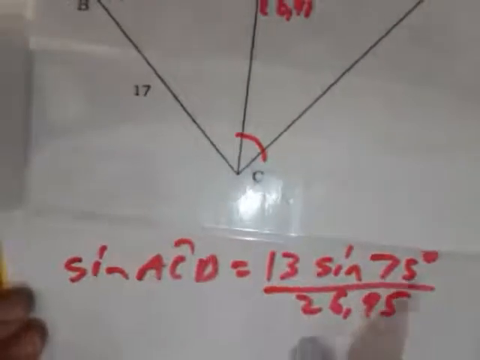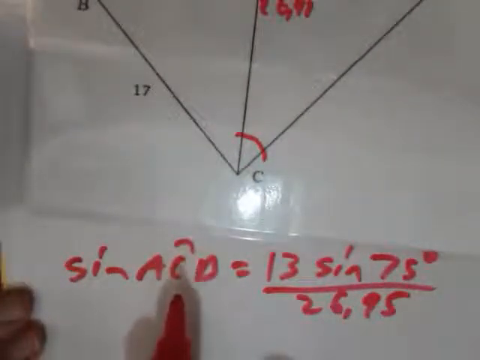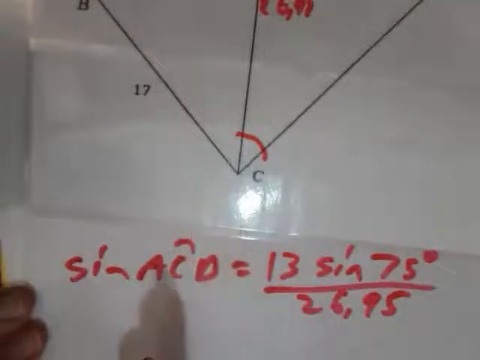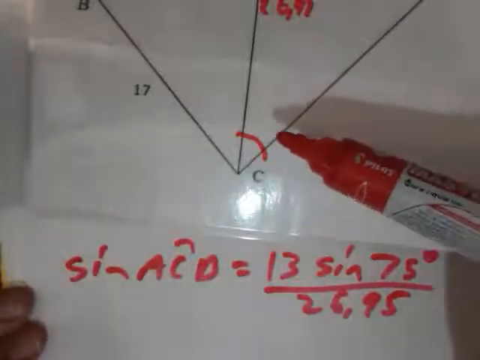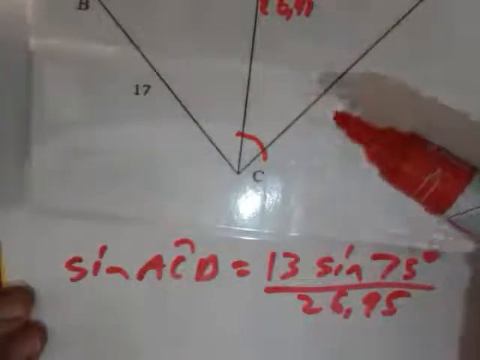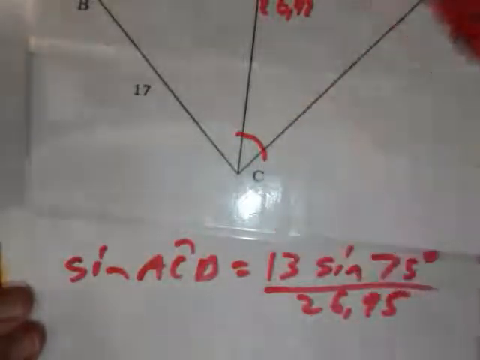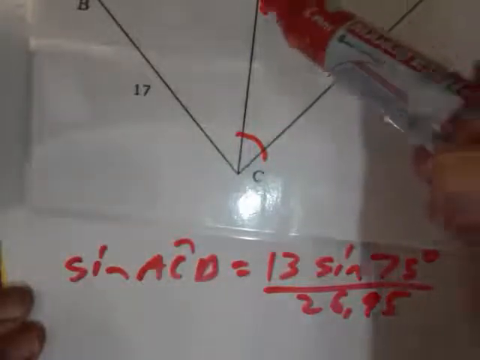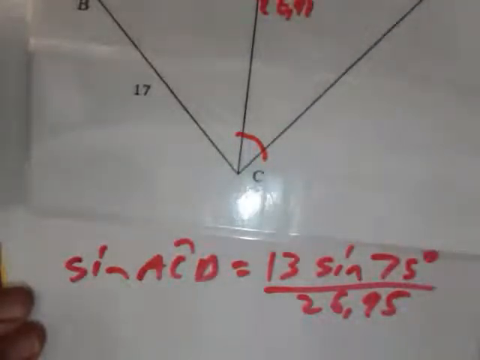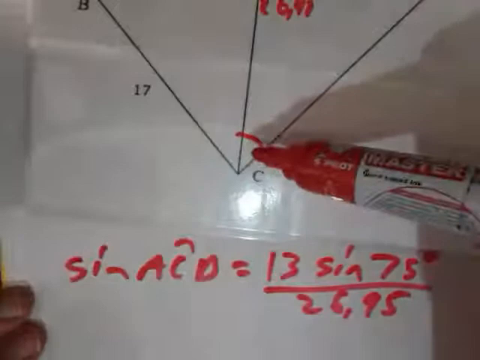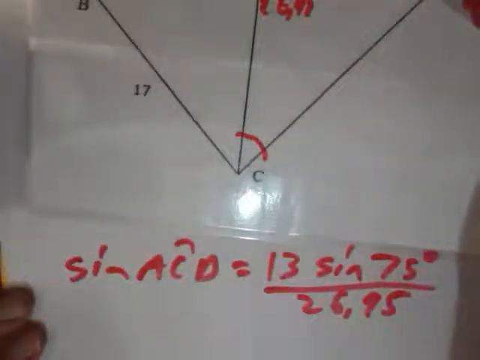Okay, now because of the fact that for angles bigger than 90 degrees sin is also positive, we need to make sure whether this angle is less than 90 or more than 90. Now it looks like it's less than 90, and to be sure, the smallest side is across from the smallest angle, and the longest side is across from the biggest angle. So we can see 26 is bigger than 13, which means this angle will be less than 75.